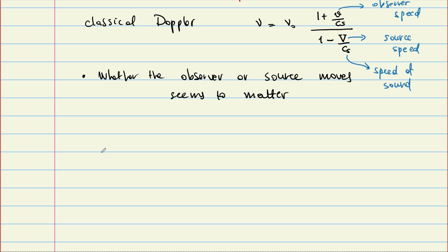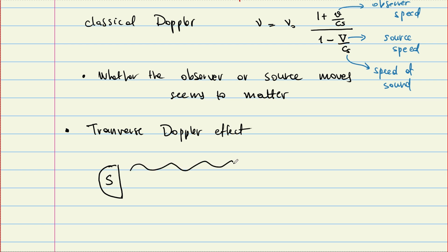So let me first consider the simplest one. This is the transverse Doppler. Let me draw an exaggerated source. So this is the source, and the source is giving light, and the observer, let me call this red dot the observer, is moving with velocity v.